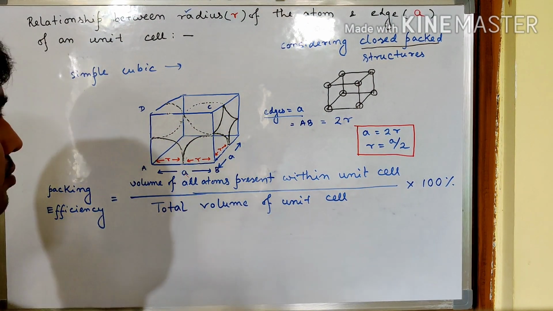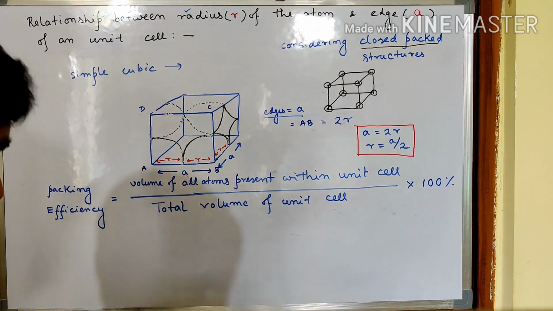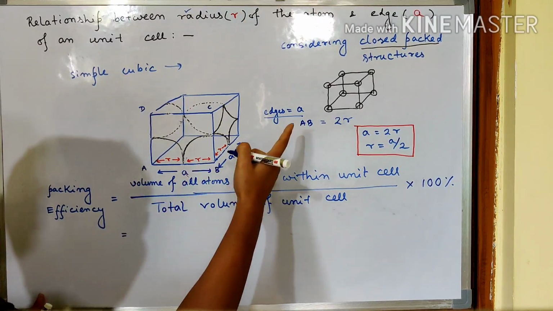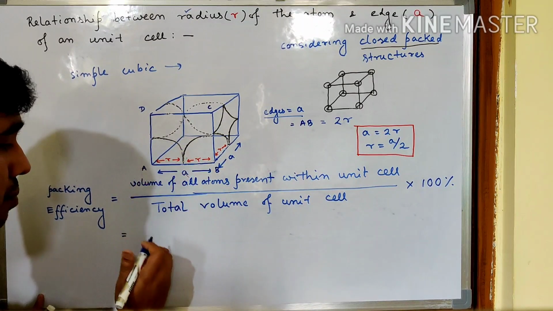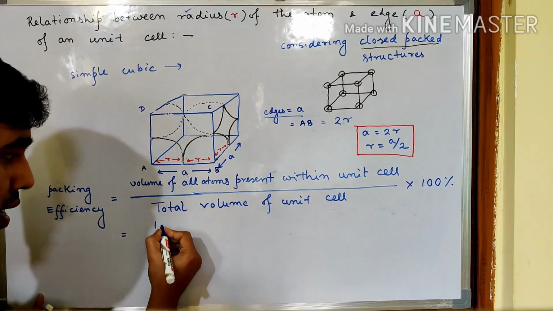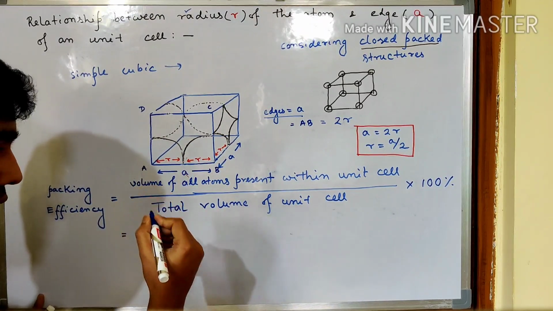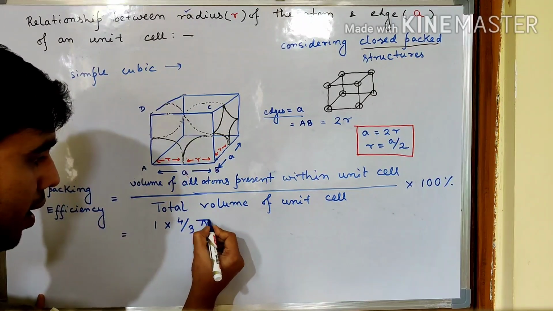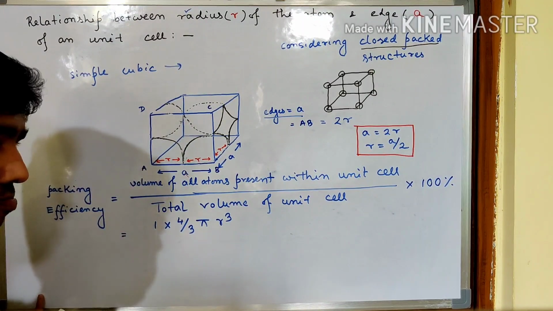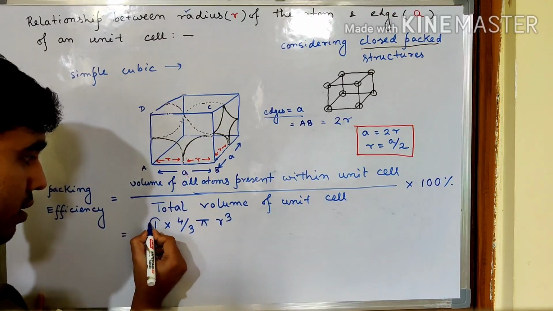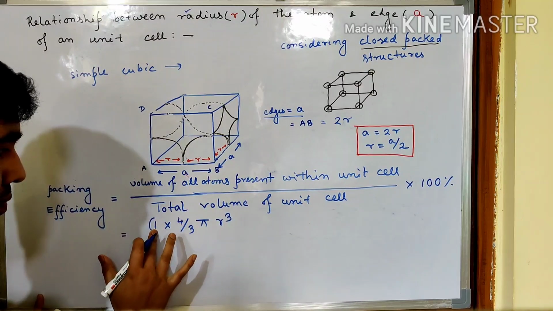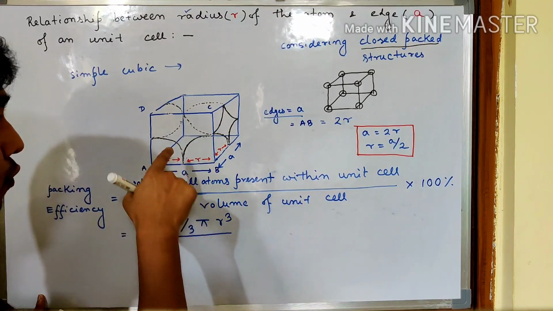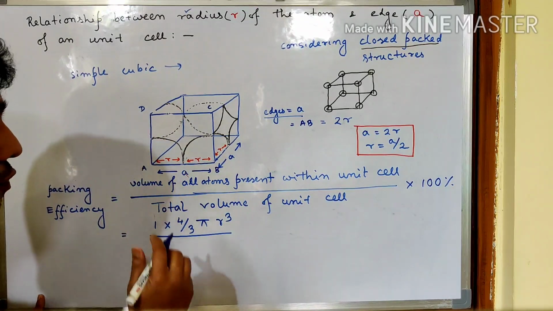Now, you see here, how many atoms are here? In case of simple cube, we know 1. And if it is supposed to be spherical, it should be 4 by 3 pi r cube. There is only 1 atom, right? Divided by the volume of the unit cell.